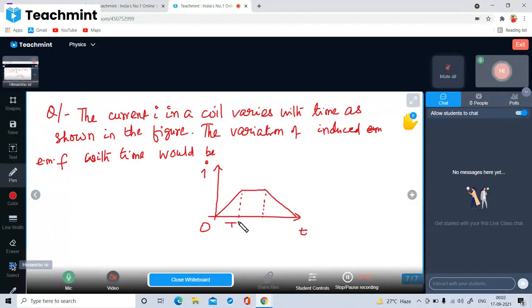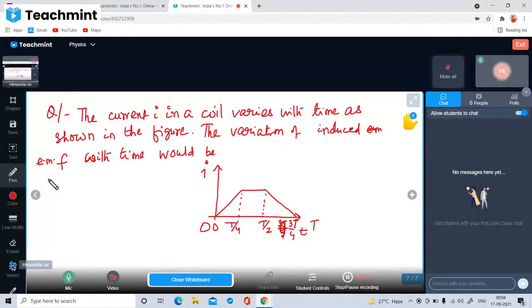Here it is t by 4, here it is t by 2, and here it is 3t by 4, and then t. So 3t by 4 is this one, and t is the latter part. Here it is 0. So this is the question figure.